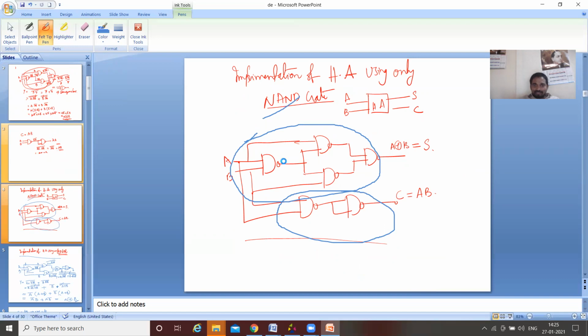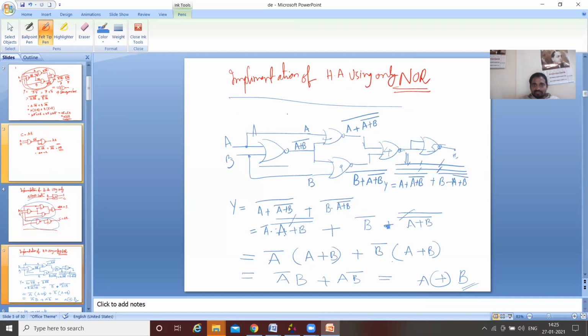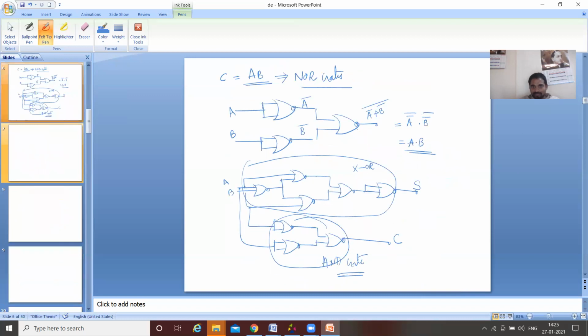Whereas for the half adder using only NOR gates, this is the implementation of the exclusive OR gate, and this is the implementation of the AND gate. Here is the sum, and here is the carry. Both sum and carry. This is all about the half adder circuit. Thank you.